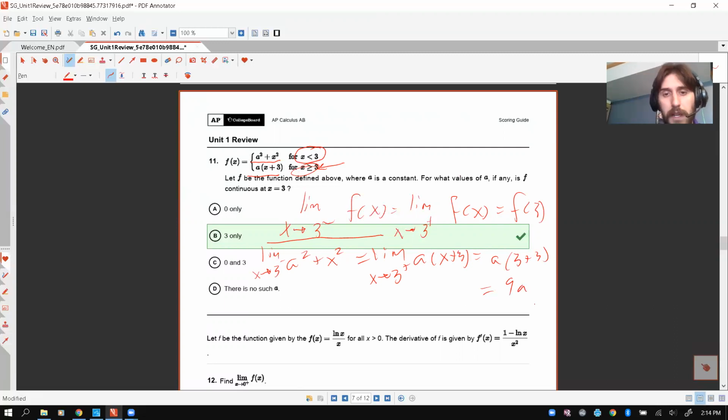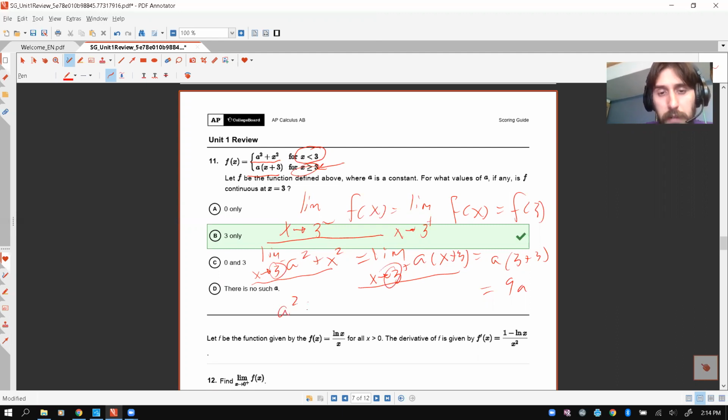So the question becomes, if we want this and this to be the same thing, to equal 9a when we find their limits. And how do you find a limit? First thing you should always try is direct substitution. So we're going to plug in 3 into our functions here and see what we get.